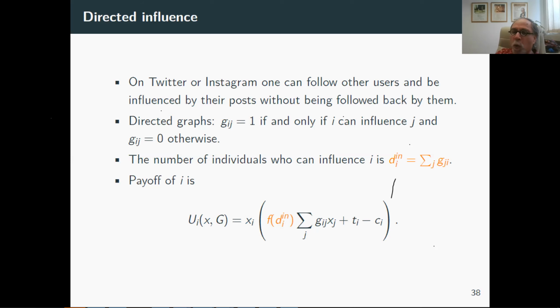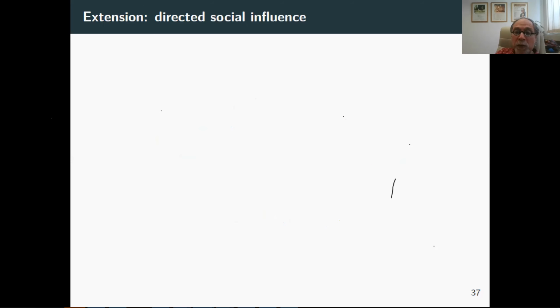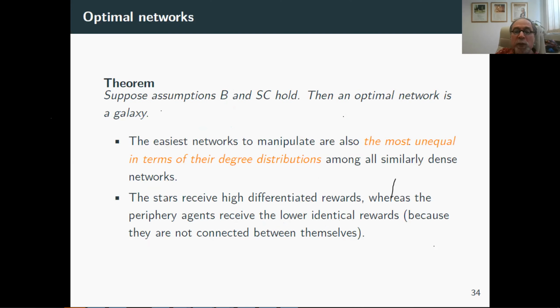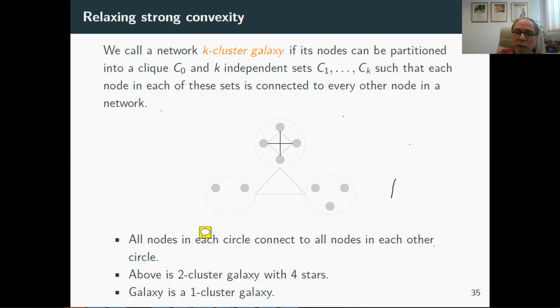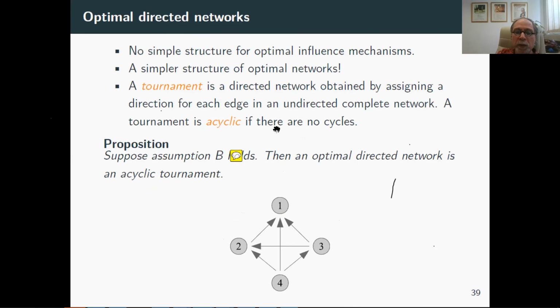So one should then ask the question: how does this whole story look when you have a directed graph? Now suppose that you have a directed graph. Now it's a complete but directed graph, something like that. It turned out that the analysis here is much simpler, and I'll tell you why.